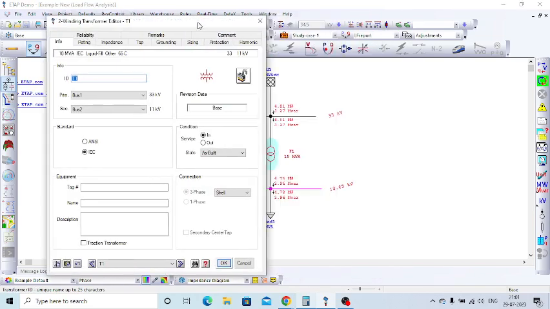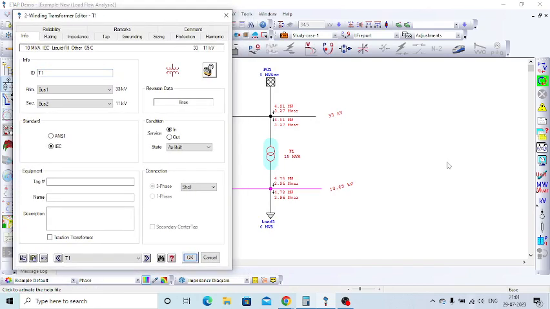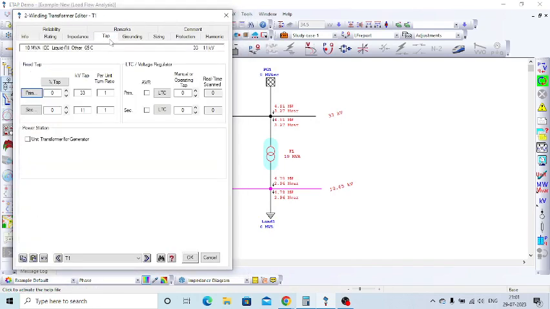Now I will explain how to model the on-load tap changer. In a fixed off-load tap changer, there is no modeling. We can just vary the tap by clicking this arrow mark.